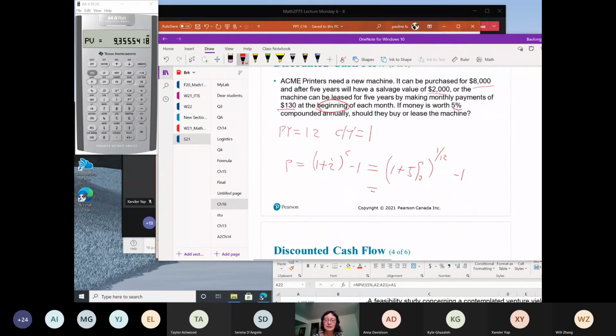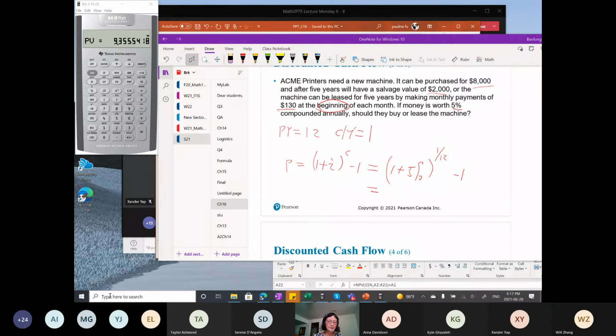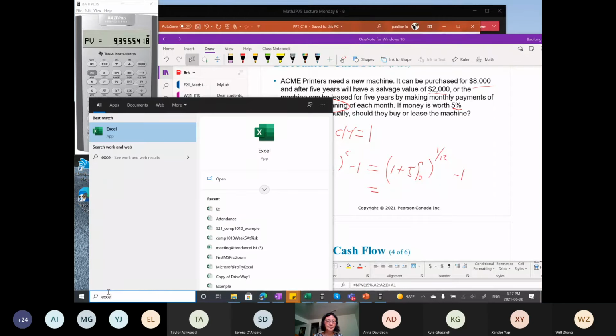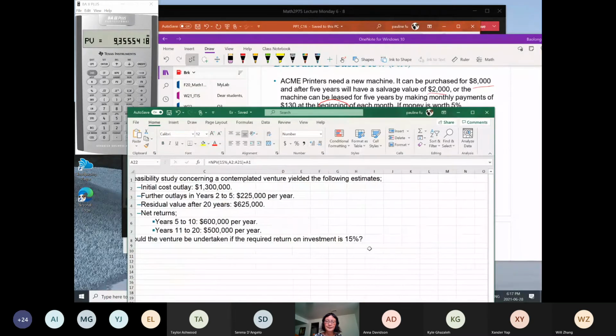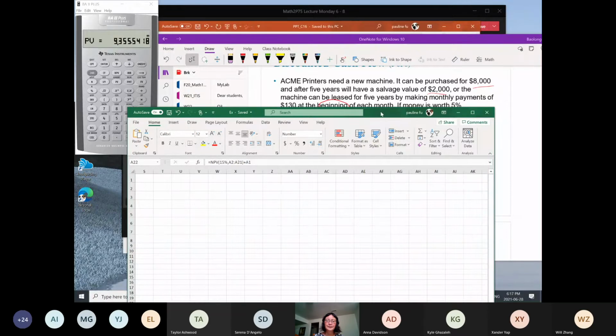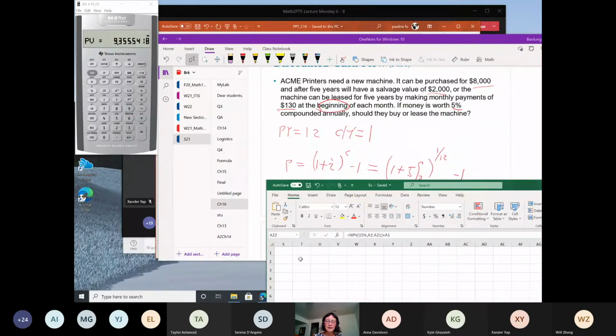So the very first step, calculate what this number is. I'm going to use Excel to quickly calculate. Just do 1 plus 5% raised to power bracket 1 over 12, minus 1.